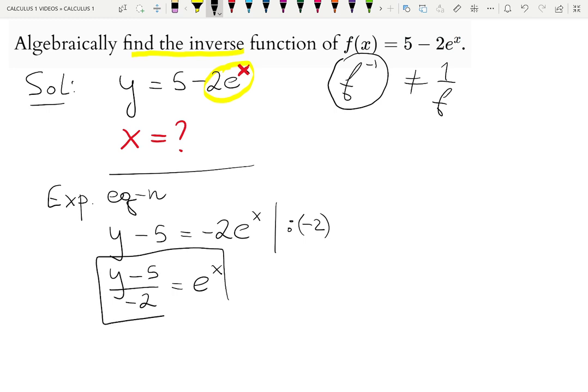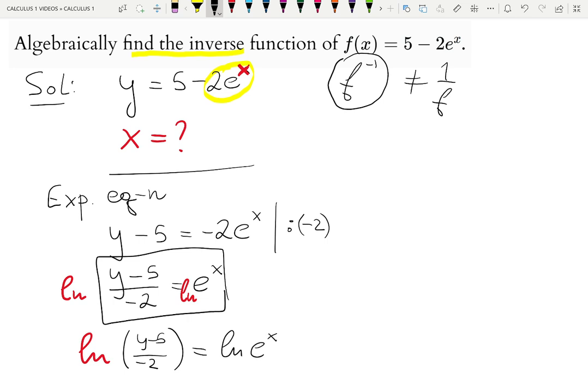Now the exponential function is completely isolated, and I can apply logarithm to both sides. I will apply natural log to the left and to the right of this equation. So it's going to be natural log of y minus 5 divided by negative 2 equals natural log of e to the x.